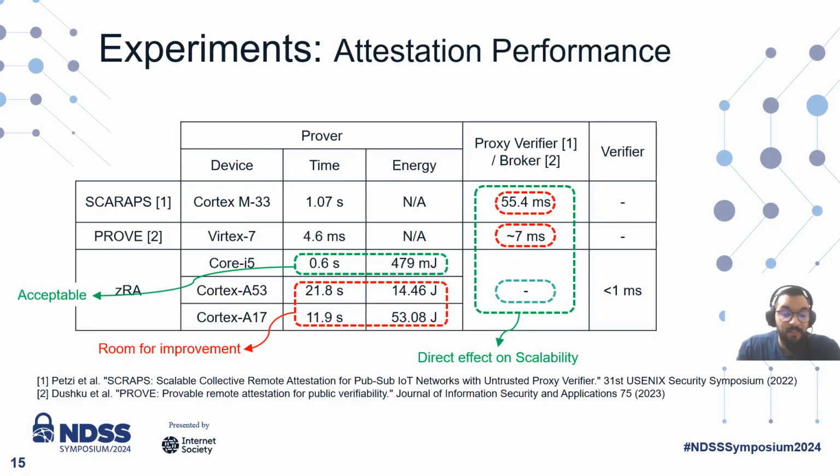This has a direct effect on the scalability and the maximum attestations per second that the network can achieve. However, in the case of Zira, we don't have such a process. But these results show that although Zira is highly scalable, it has computational demands on the device.